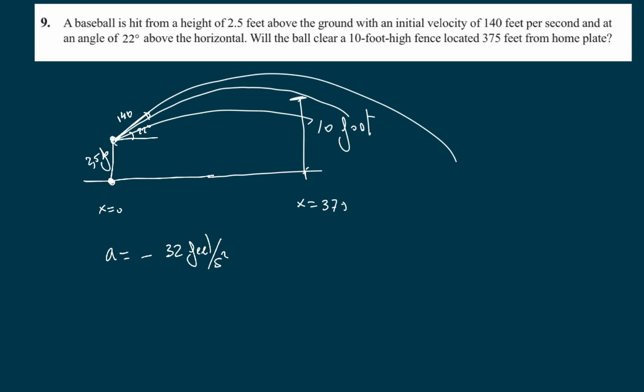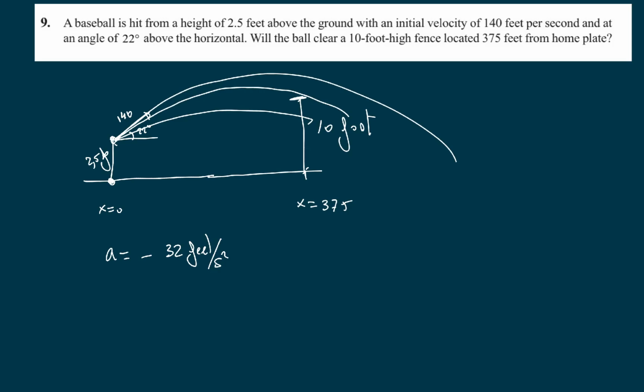So the question is, will the ball clear the 10-foot high fence located at 375 feet? How will I do it? I will find the position vector when x equals 375, and I will see what is the y component of the position vector. If the y component is higher than 10, it means that it will pass the fence. Okay, let's do it.